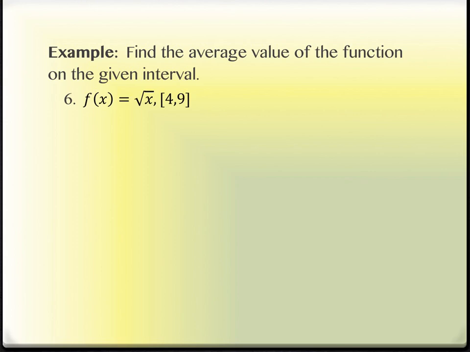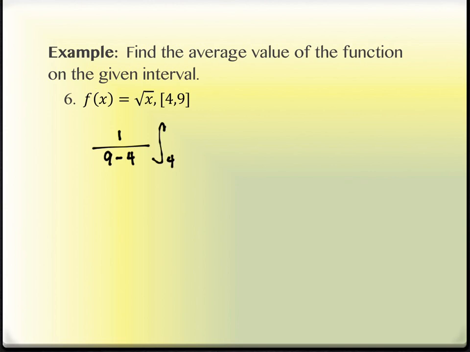We're going to do this for one that we haven't seen before today. We've got the square root of x. We're finding the average value between 4 and 9. And we're going to look at a graph for this as well after we have done the calculation piece of it. So according to the formula we just found, the average value is going to be 1 over 9 minus 4, because that's the difference in the x values.